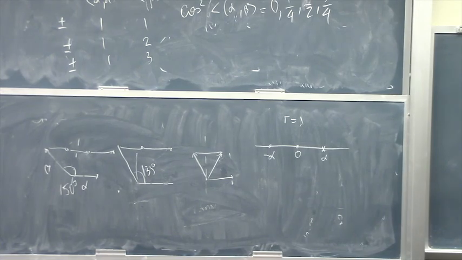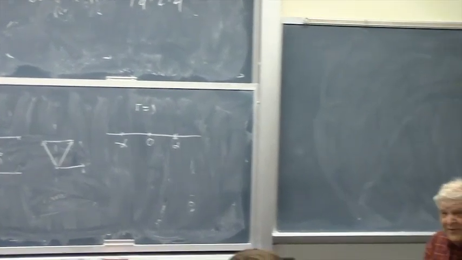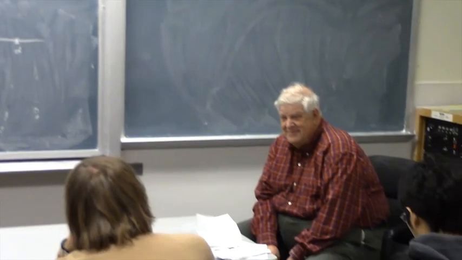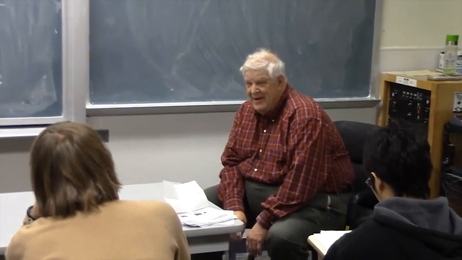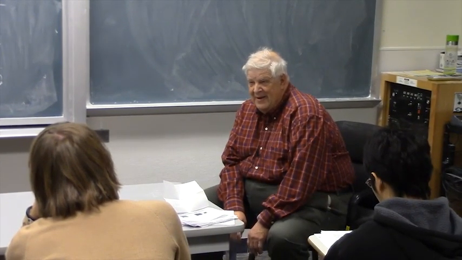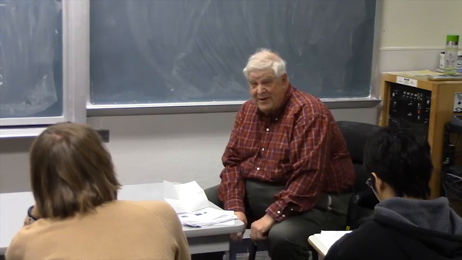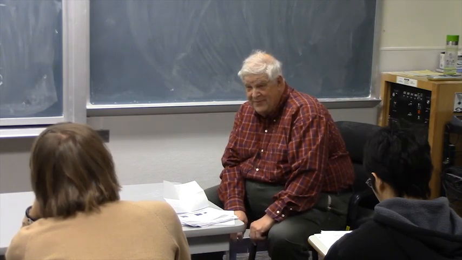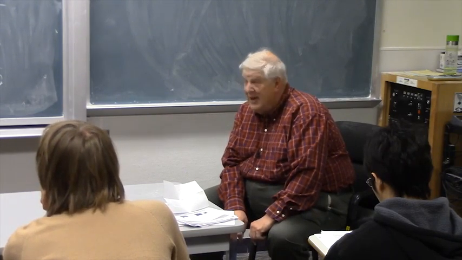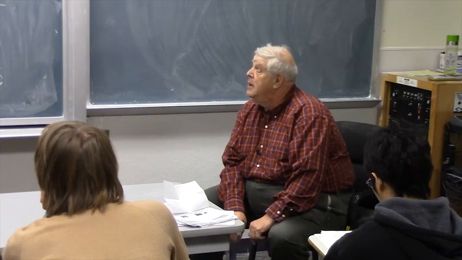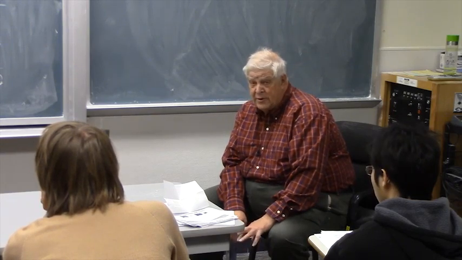Can you say now what is the inner square of alpha? Because you can find it now. Don't believe it? There is a formula. It's not on the board anymore.